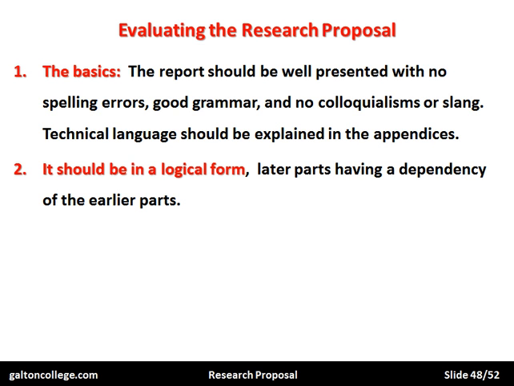Later parts have a dependency on the earlier parts, so make sure the early parts come first and the later parts come later. It's logical, it's straightforward. Can I just go back to the basics just for a moment, just remember. In terms of spelling, don't mix up American spelling and English spelling. Be consistent. So use an S or use a Z, but be consistent throughout. Don't skip between the two.